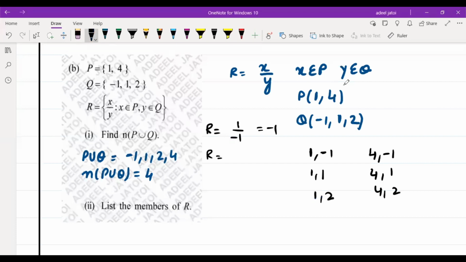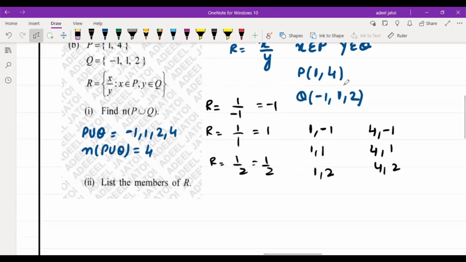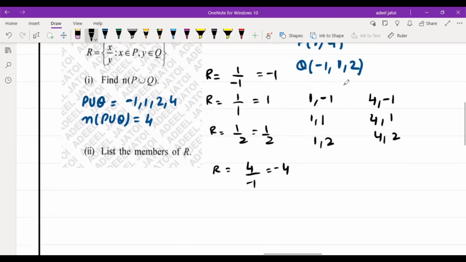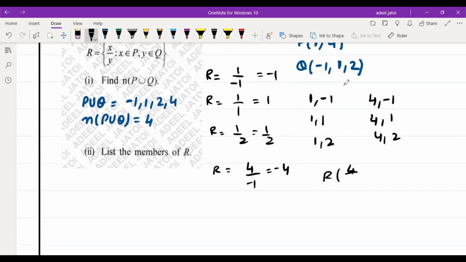Then the second one would be 1 upon 1, which means 1. The third will be 1 upon 2, which is 1/2. The fourth one will be 4 upon -1, so this should be -4. Then the fifth should be 4 upon 1, which is 4. And the last one should be 4 upon 2, which is 2.